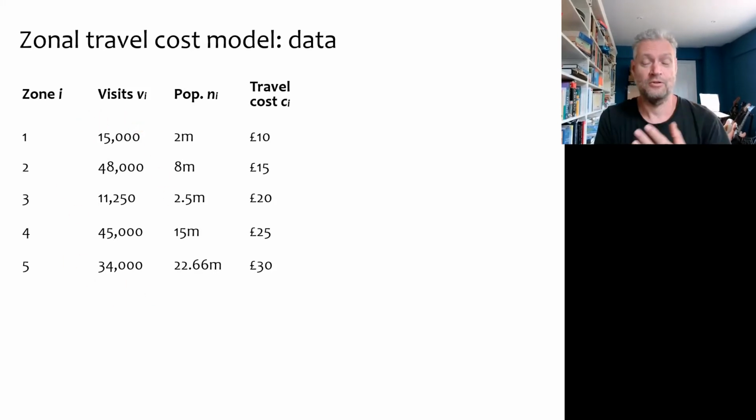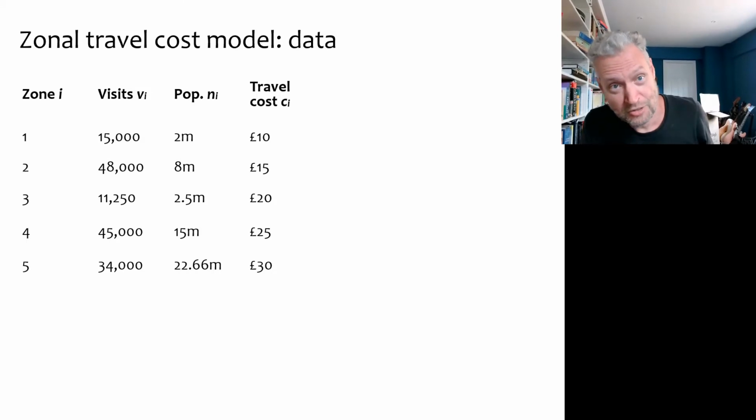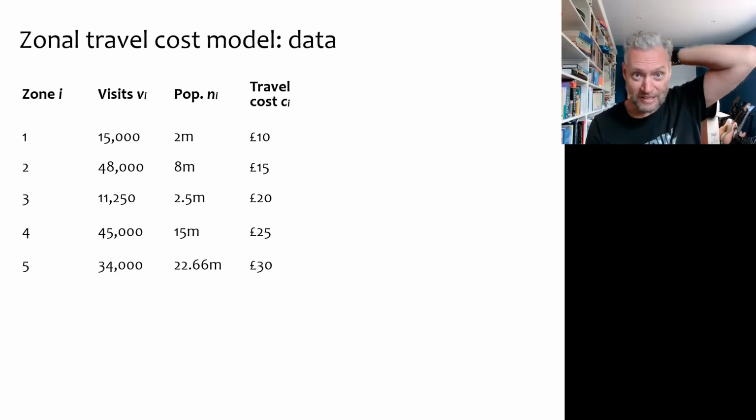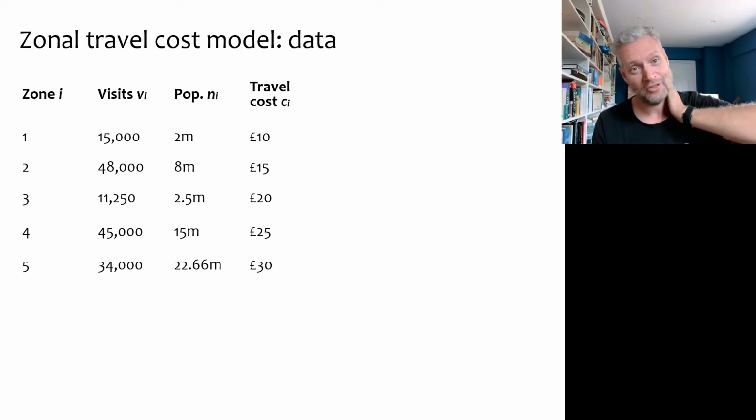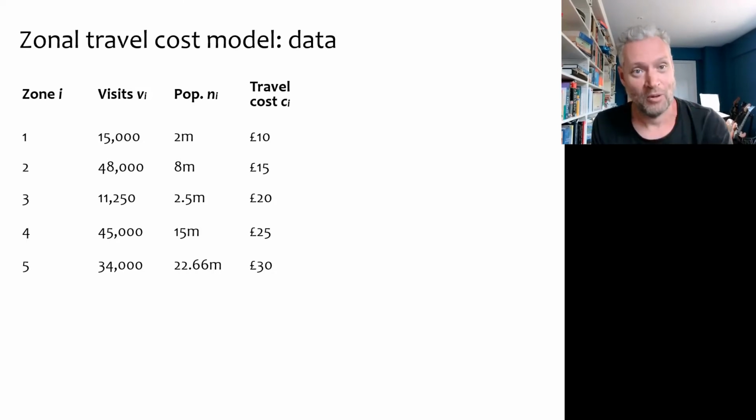So this could come from a survey of the visitors to that park, or it could come from administrative data. Of course, nowadays everybody pays by card when they visit, so it is very easy in principle for the bank or for the park authorities to find out where people are from, right? But let's assume that we have this data, right?